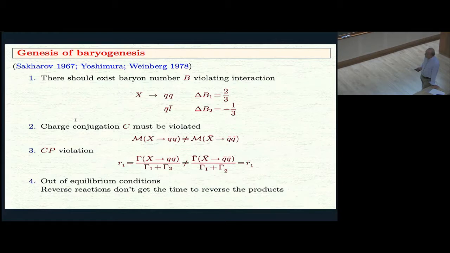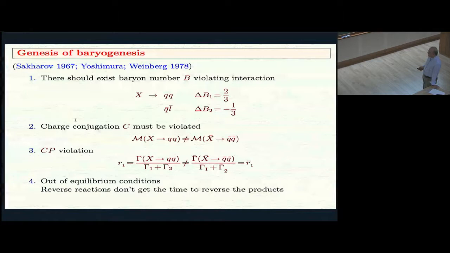This was important if you didn't know the quantum numbers of X. So it was necessary to have two different modes of decay. There should be charge conjugation violation so that X bar decays are not the same matrix element as X. But you also needed CP violation, that is, the rate of X going into QQ versus X bar going to Q bar Q bar, R1 and R1 bar, should be different.